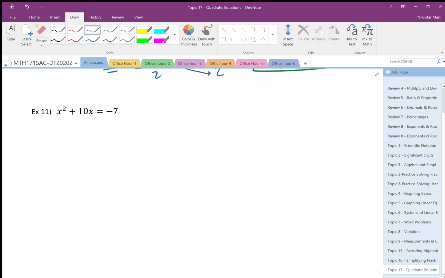Okay, how about this? x squared plus 10x plus 7 equals 0. Remember, 7 goes to the other side and change the sign. Now you use the formula here.